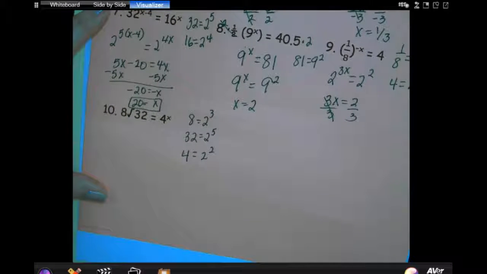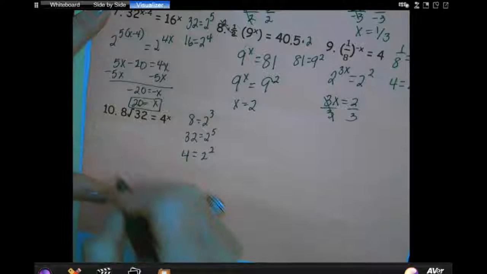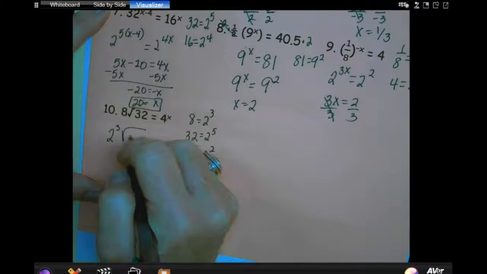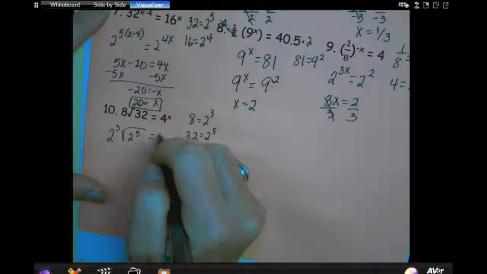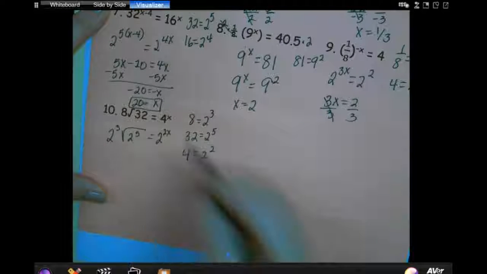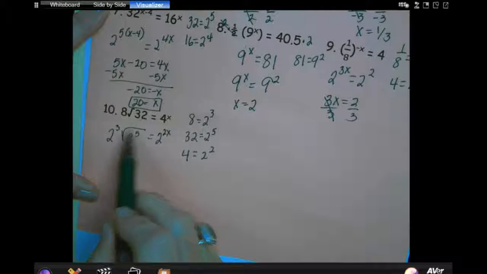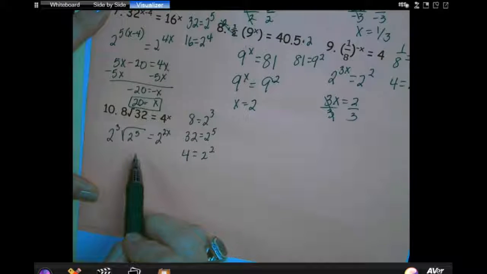So now I'm going to take these and replace them back into my equation. So I get 2 to the 3rd times the square root of 2 to the 5th equals 2 to the 2x. So how do I rewrite the square root of 2 to the 5th?